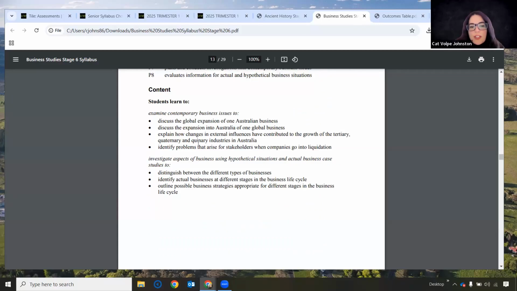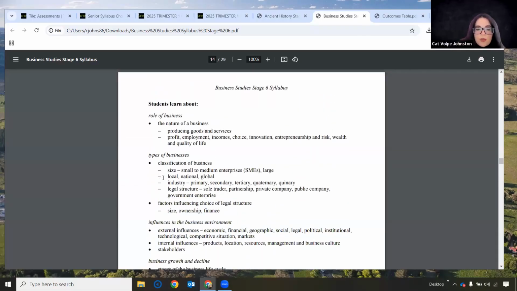You wouldn't want to just identify problems that arise for stakeholders when companies go into liquidation, because identification, you could do that within a learning sequence, but you wouldn't just do a learning sequence just to identify problems. You probably want to have something more than just that. I would say that if you were going to choose something, just as a side note, that is underneath, so the last two dot points, you really need to make sure that your prior knowledge is identifying all the stuff that came before that students would have learned, because it really does sort of flow on.